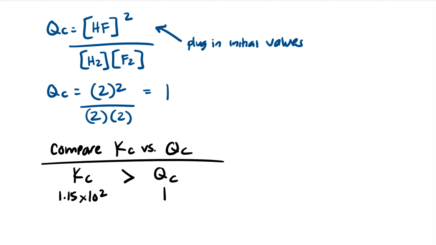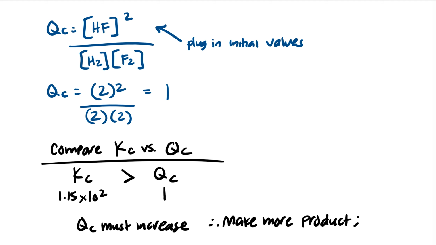So I think to myself, okay, well then that means we're not in equilibrium, but the system will proceed in a direction so that Q will eventually equal K. So Q must increase here. So therefore, we're going to need to make more product. That means the system is going to proceed in a forward direction or to the right in order to establish equilibrium. So we're moving in the forward direction, to the right, towards the product.